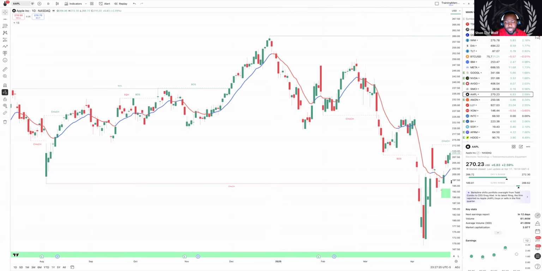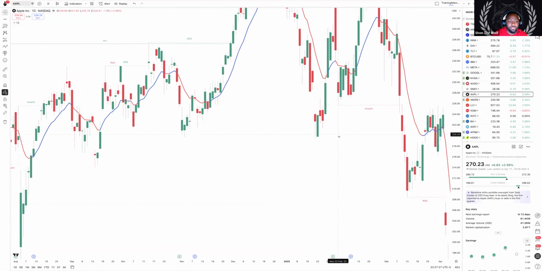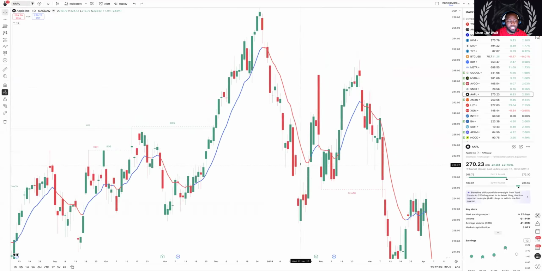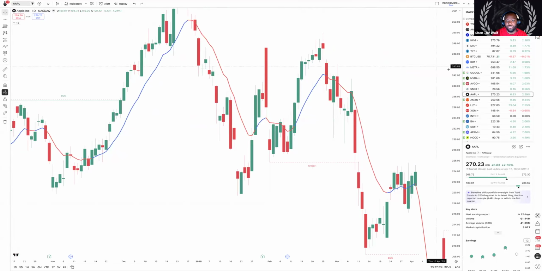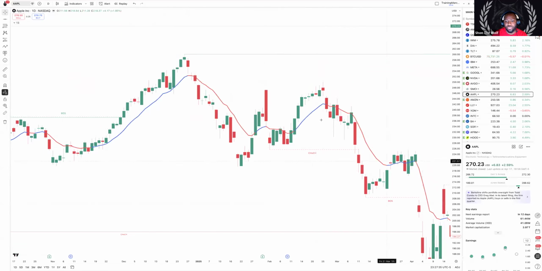When you zoom in and pay attention, you're looking for a certain behavior out of the candles to let you know when a trend is going to switch. With the short term trend, what you're really looking for is a candle to open and close without touching that moving average. You want the candle to open and close with the wick and the body under the moving average.